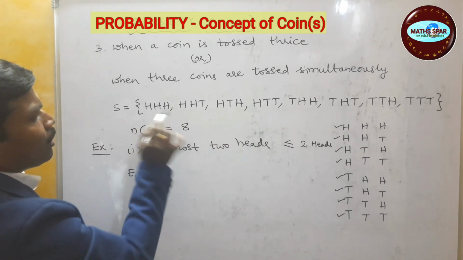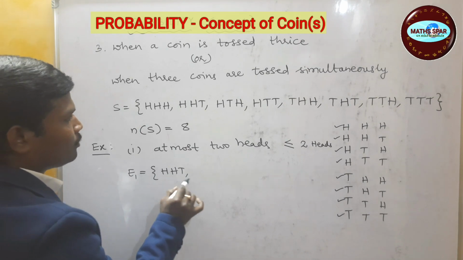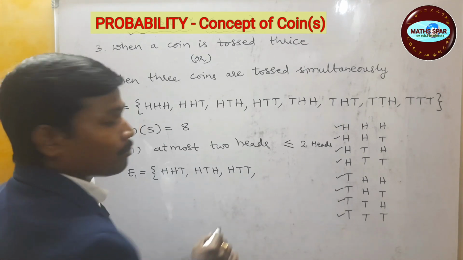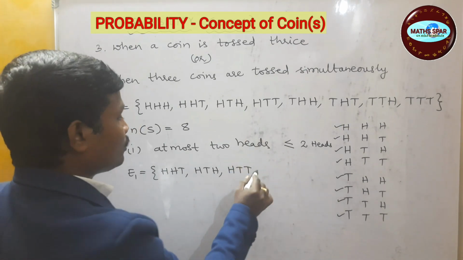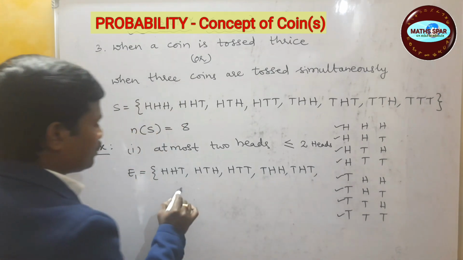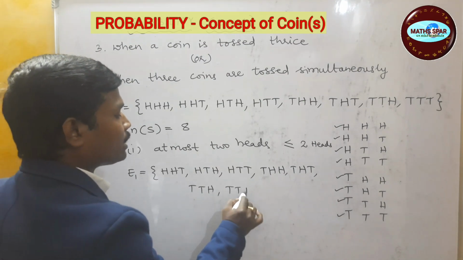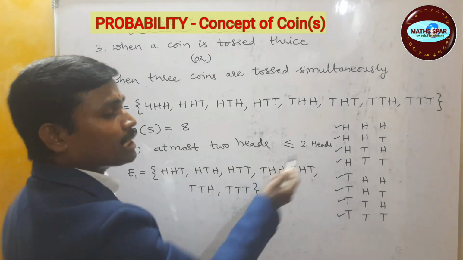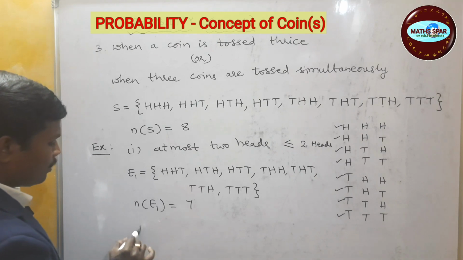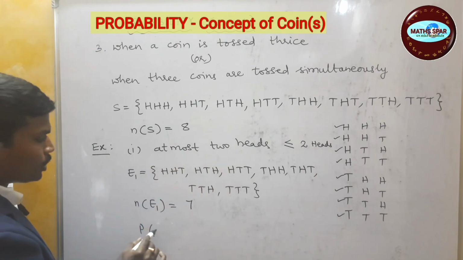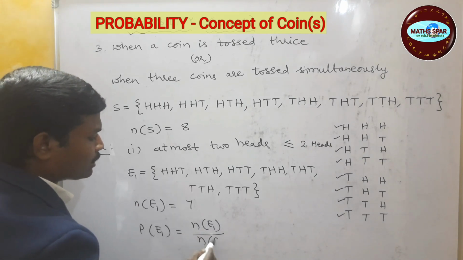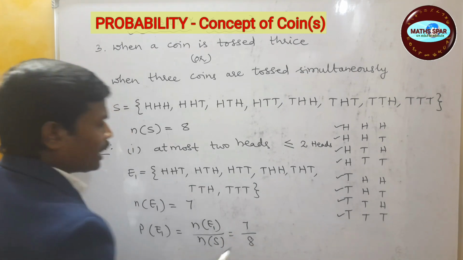So 3 heads will not come into this. So HHT, HTH, HTT also will come because less than or equal to 2. Then THT, TTH, TTT also will come, because even if there is no head, no problem. So n of E1 is equal to 7. So probability of getting at most 2 heads is n of E1 by n of S, that is 7 out of 8.